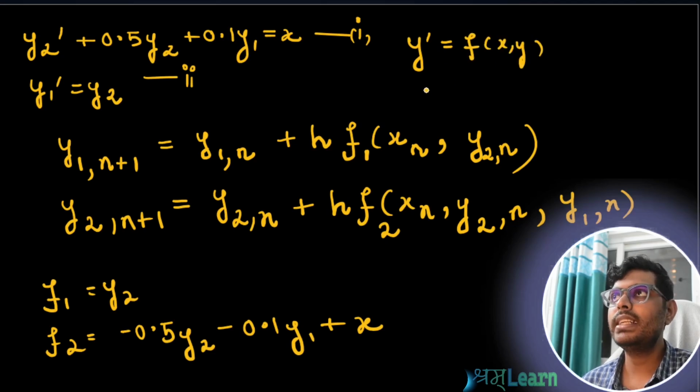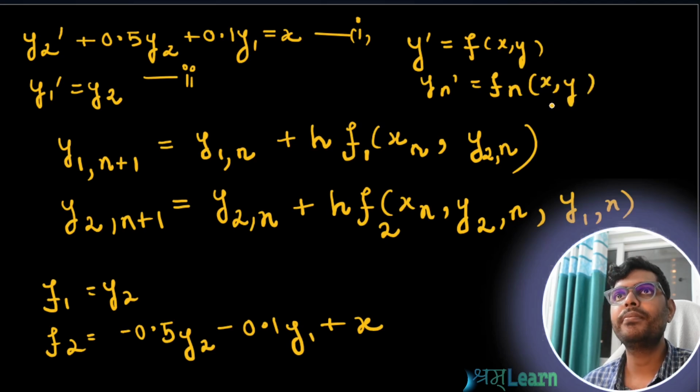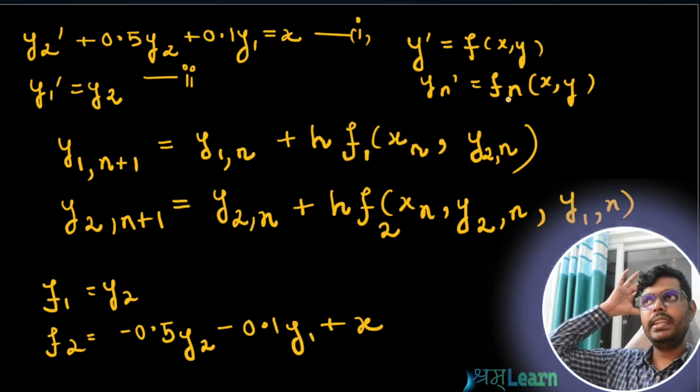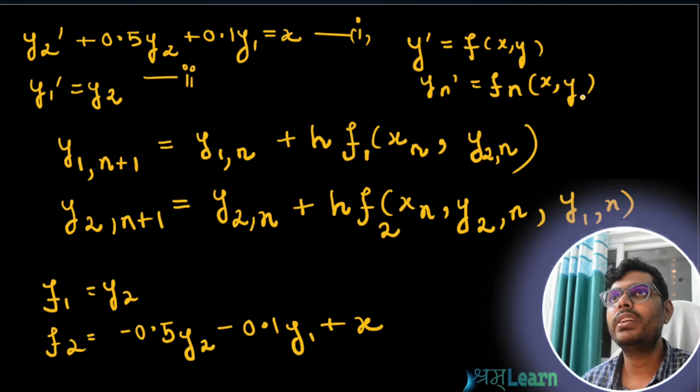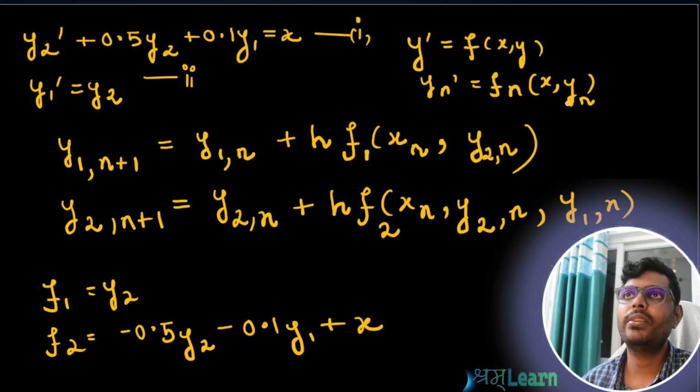Here what is the case? Y dash is replaced by yn dash and fn of x comma y, right? Obviously I have to write in terms of n. Okay, so it also depends on other n's.